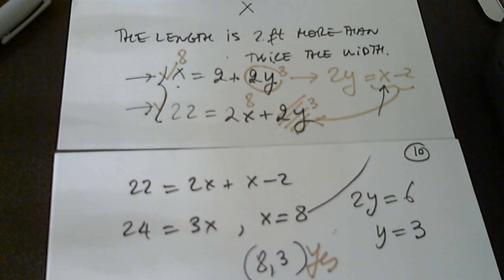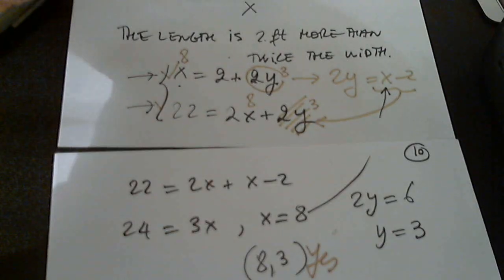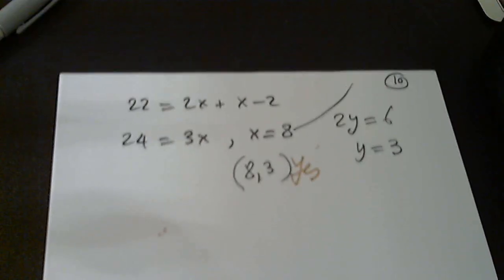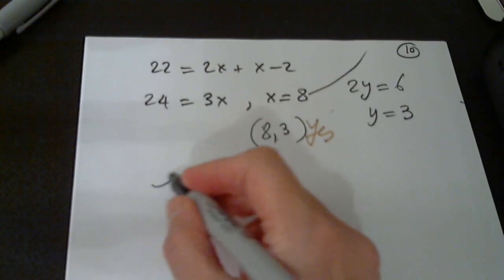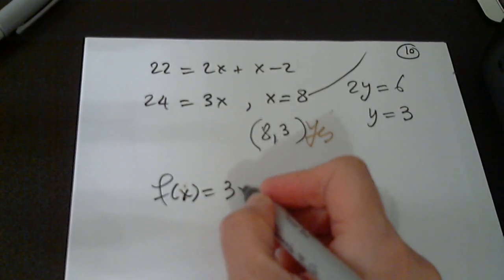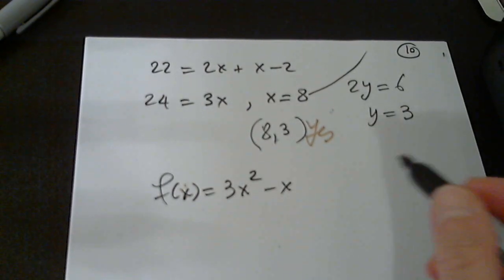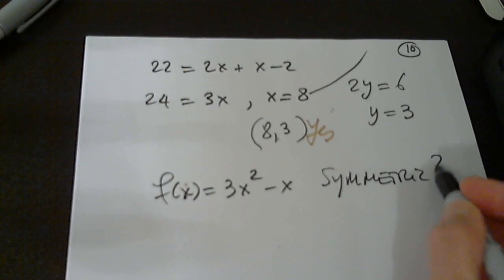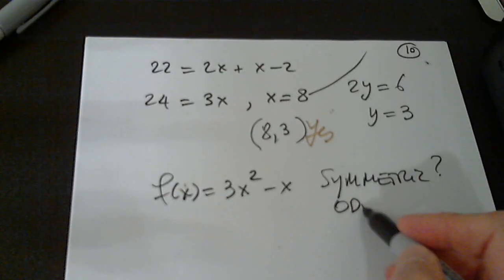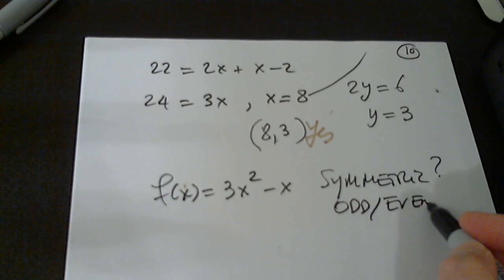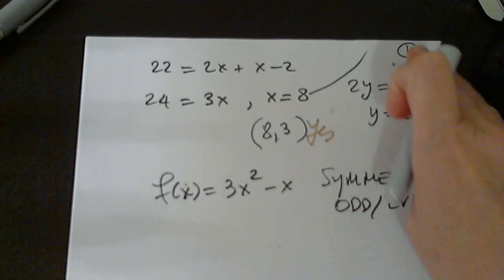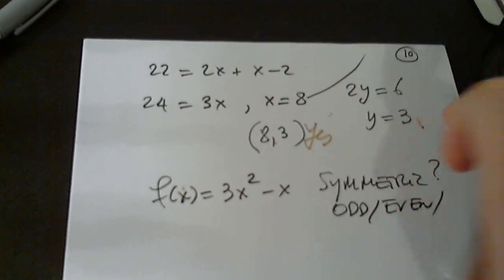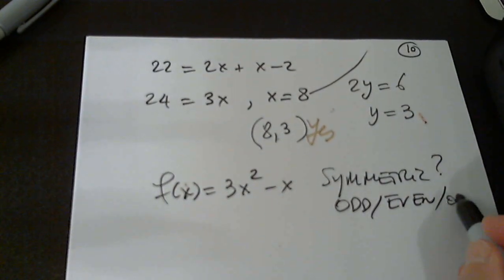Good. Let's look at symmetry. Let's say f of x equals 3x squared minus x. Is it symmetric? In other words, odd or even? Or not at all? Oops, I have a little fly here. Sorry. Or none.